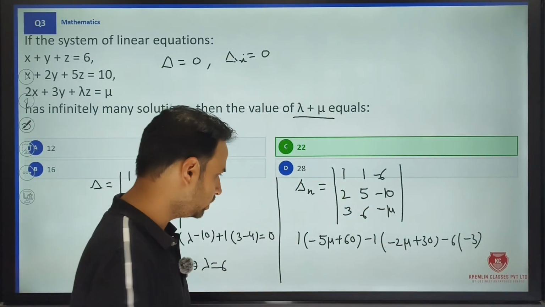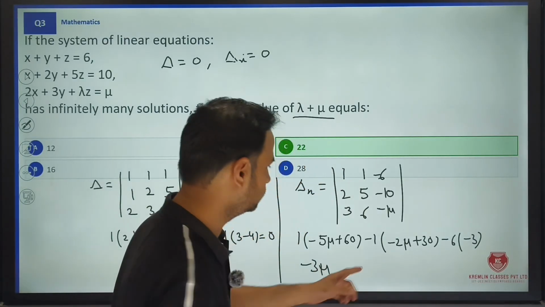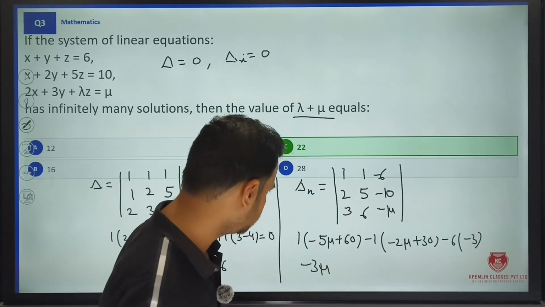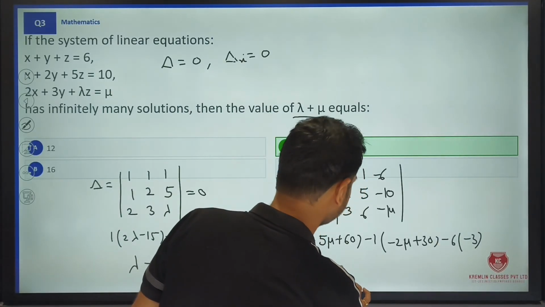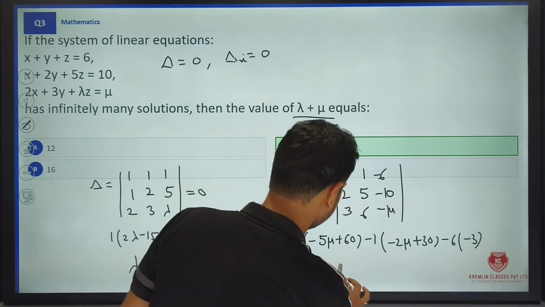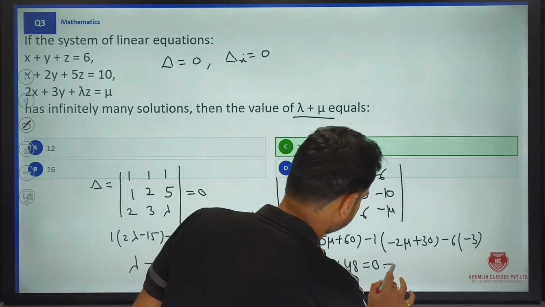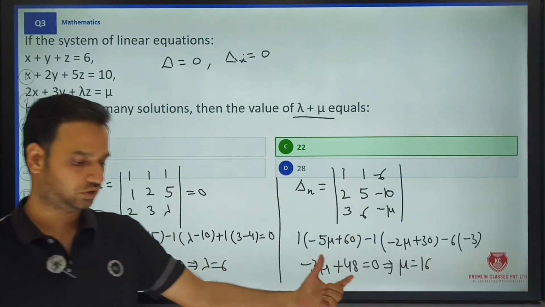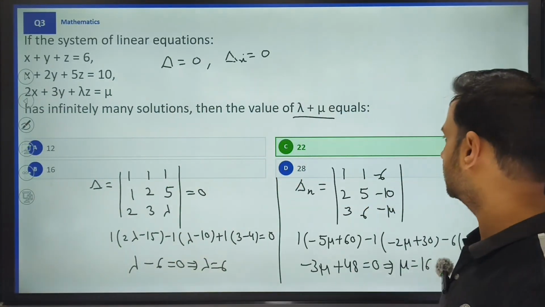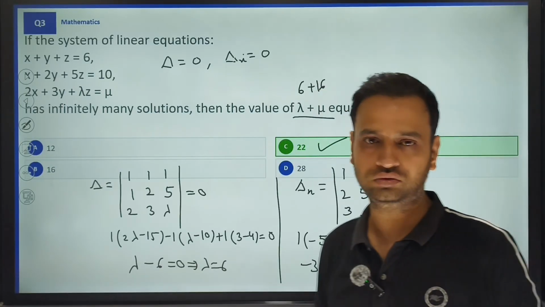So we are calculating it, minus 5 nu minus 3 nu plus 60 minus 30 plus 30 plus 30 plus 18 plus 48 equals 0. So nu comes out to be 16. So lambda is 6, nu is 16. We have solved it, lambda plus nu is 6 plus 16, so the answer is 22.